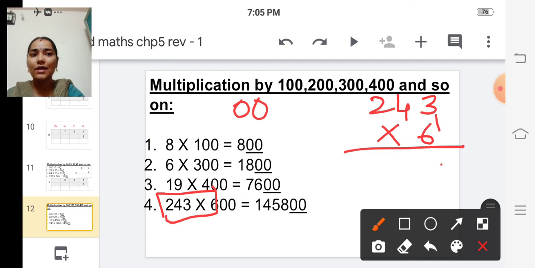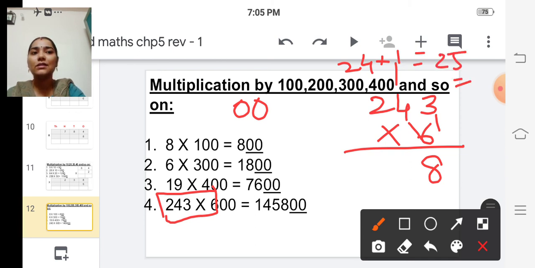So we write 8 here and carry over 1 to the next place. Now multiply 6 into 4. 6 4s are 24 and 24 plus this carried over number is 25.